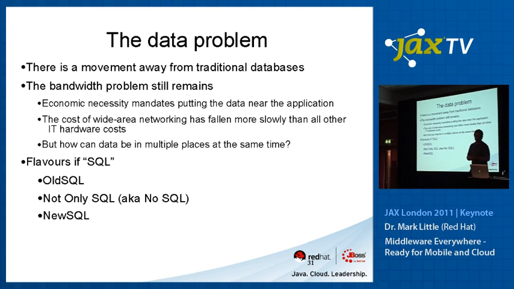And we now have 3, or depending on how you want to call it, 4 categories of these things. We've got what are known as old SQL: your Oracles, your DB2s, your MySQLs. Then we have NoSQL, which started off being NoSQL, but has now become not only SQL, where people realize you do need SQL at some point.